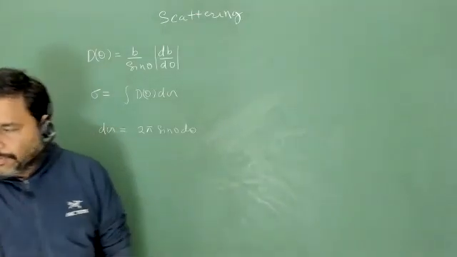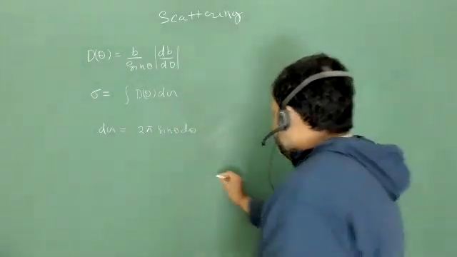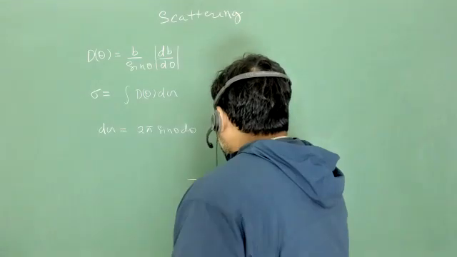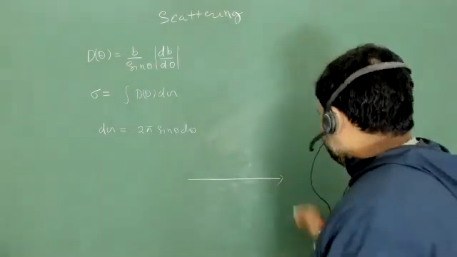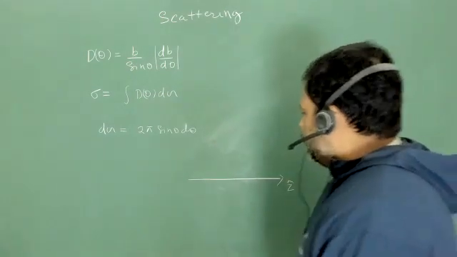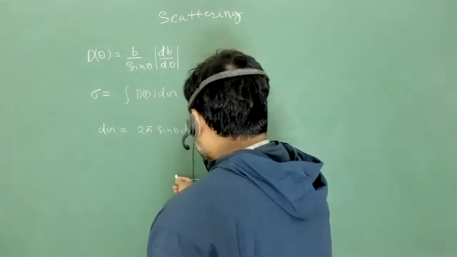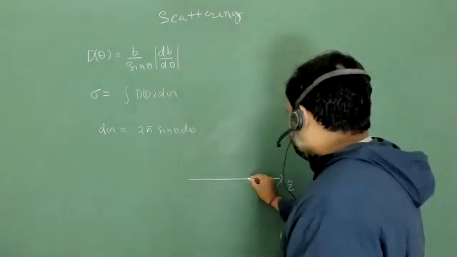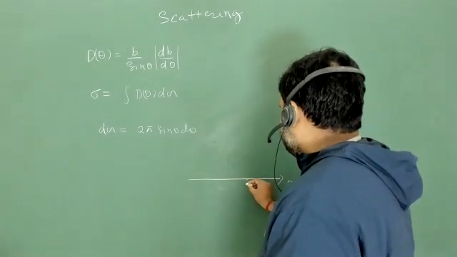The idea is very simple. So we have to just see what our idea is. The idea is absolutely clear. We have a basic reference line, and let us assume this is my z-axis, and we are sending the particle. Let us assume here we have an origin.